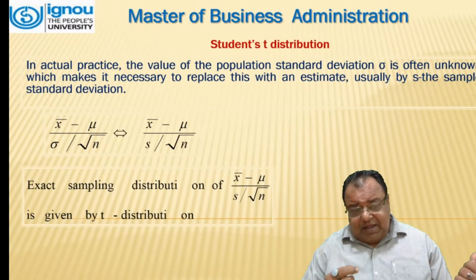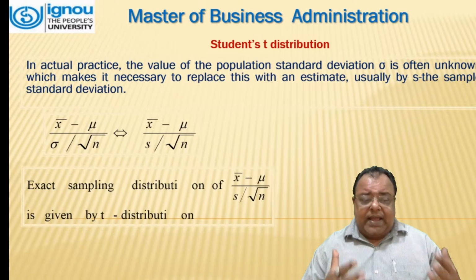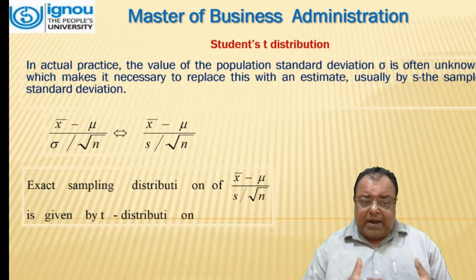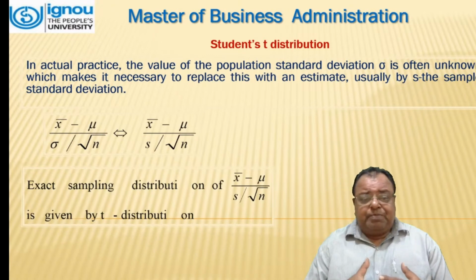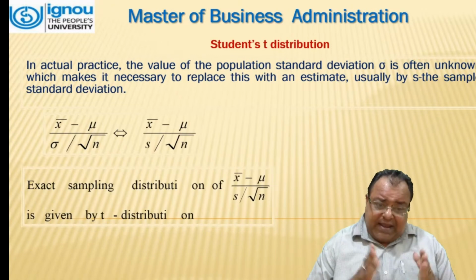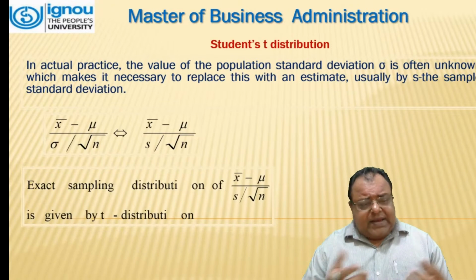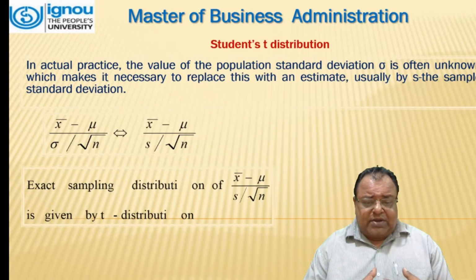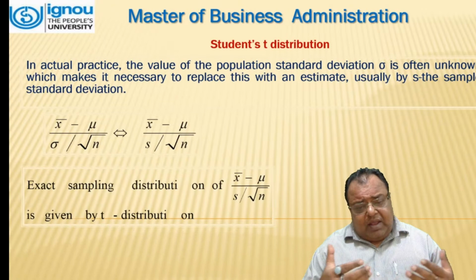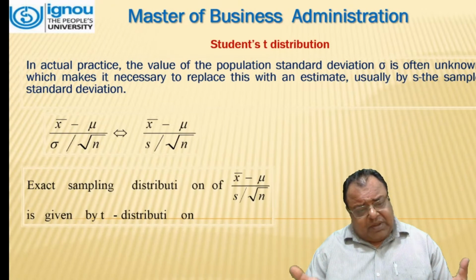In place of sigma, we are going to use S. The formula will remain the same: x bar minus mu upon sigma divided by under root n will be changed to x bar minus mu upon S divided by under root n. The exact sampling distribution is also used for the t distribution.